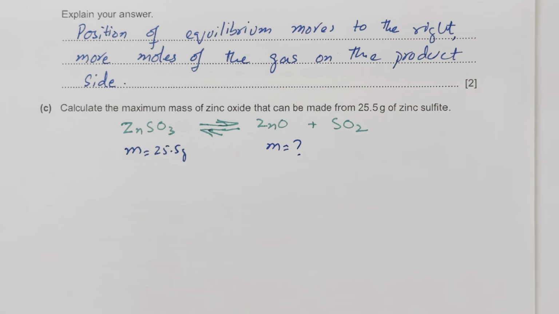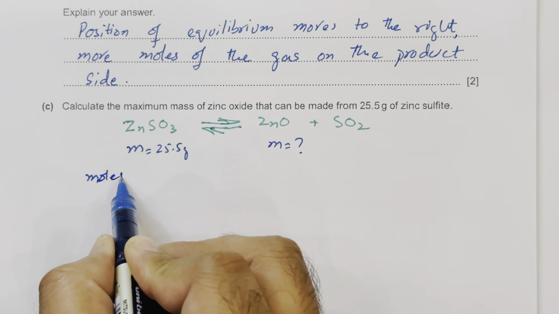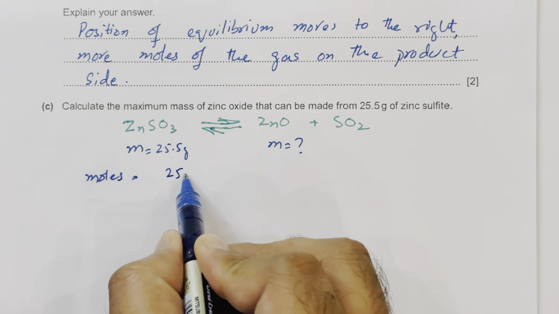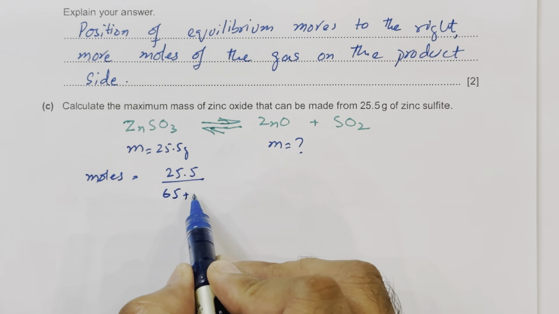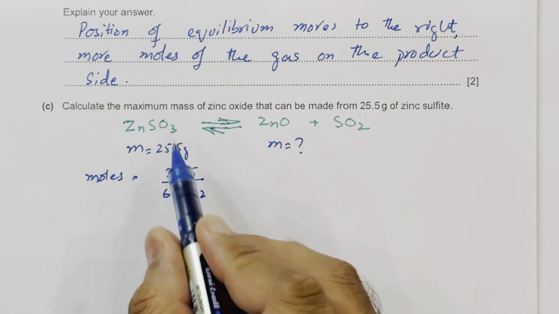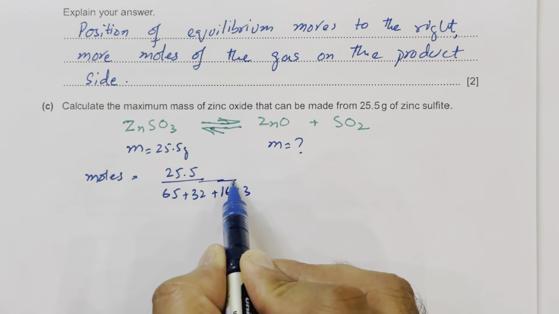So first we're going to calculate the moles by dividing its mass by the molar mass. Zinc has 65, sulfur has 32 and oxygen has 16 times 3, 48.